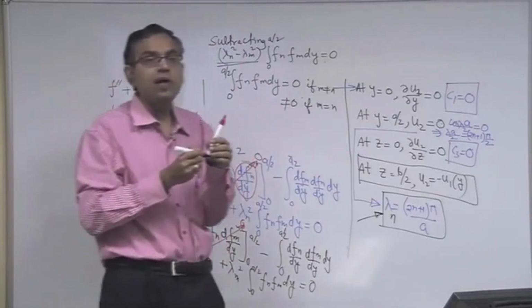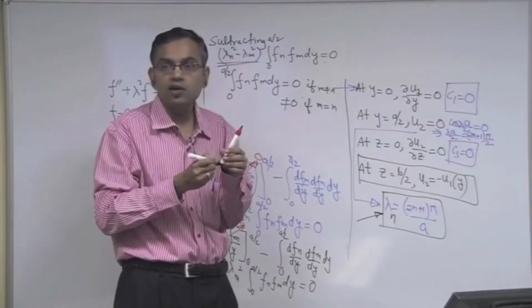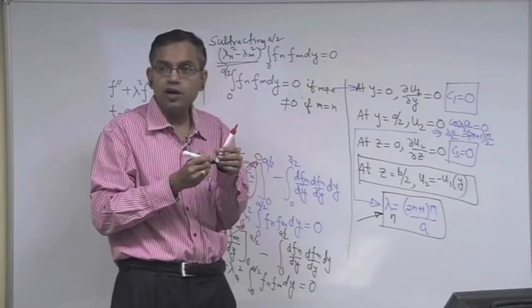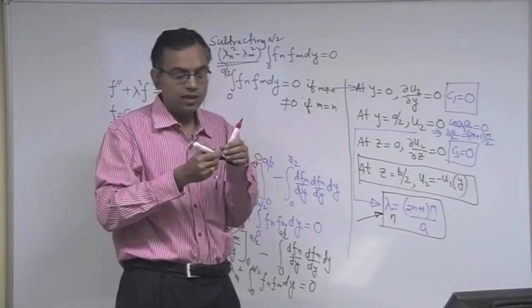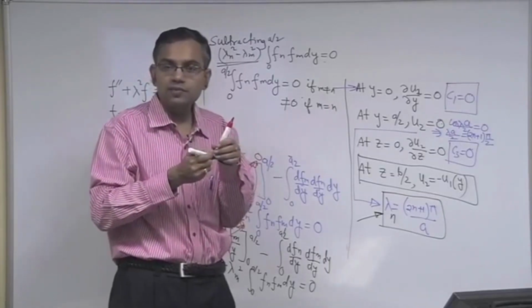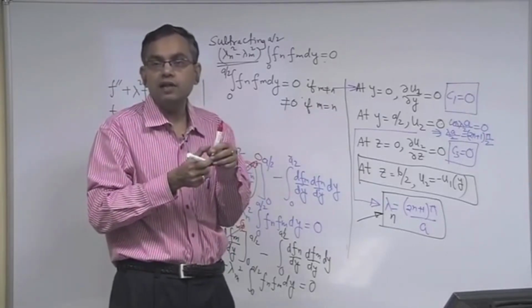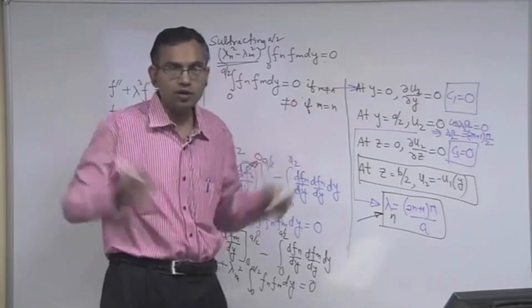If two vectors are perpendicular to each other, then what is their dot product? Dot product is 0, right. Dot product means one component of this vector multiplied with the corresponding component of the other vector, and that is summed up for all components.